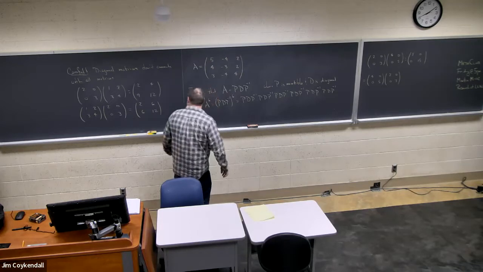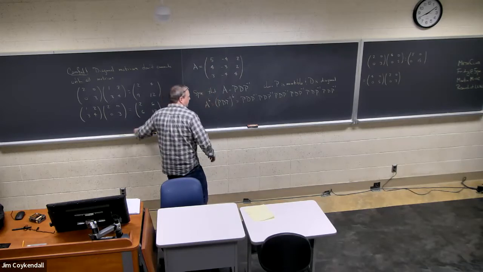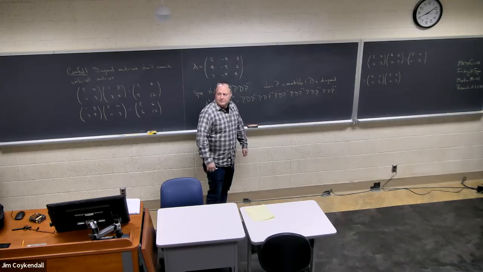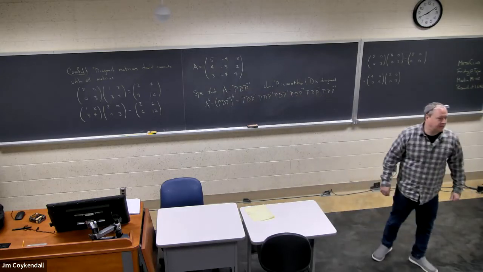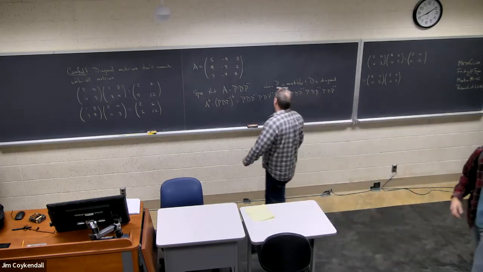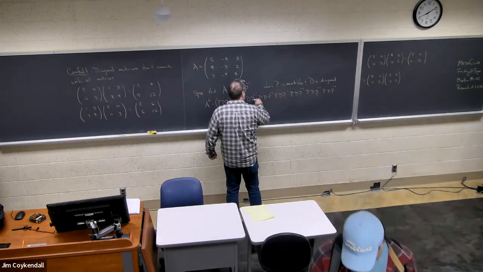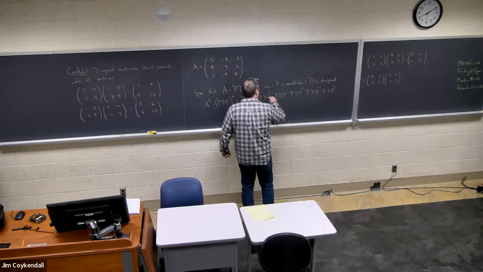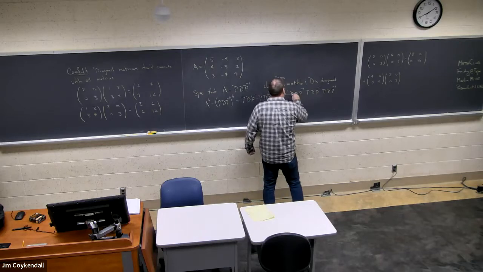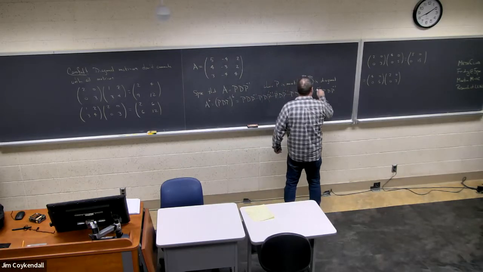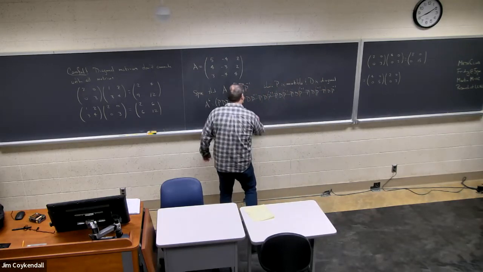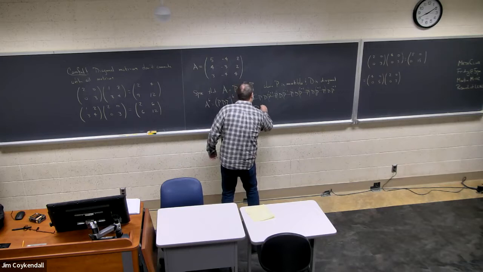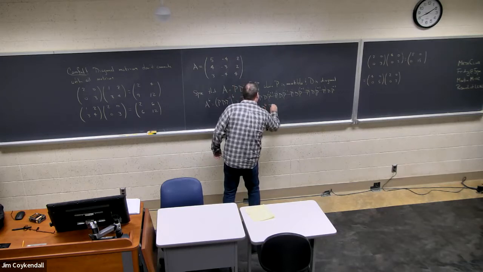But it isn't. Does anybody see something you can do? The P inverse times P cancel, and this now squeezes down to P D to the 6th power P inverse.